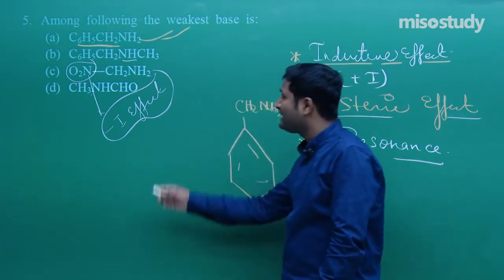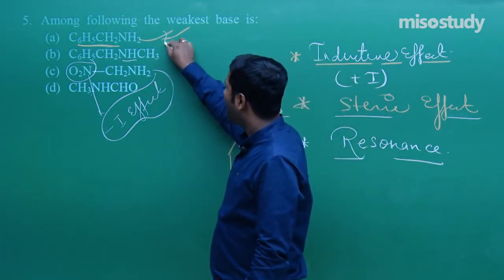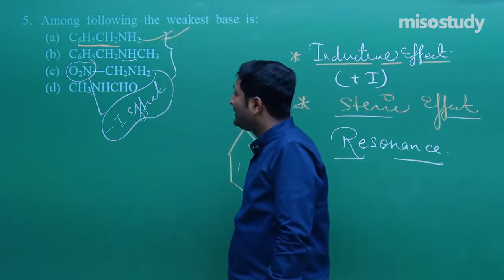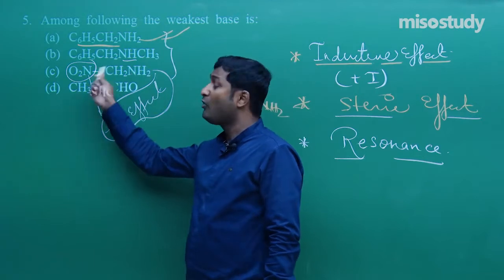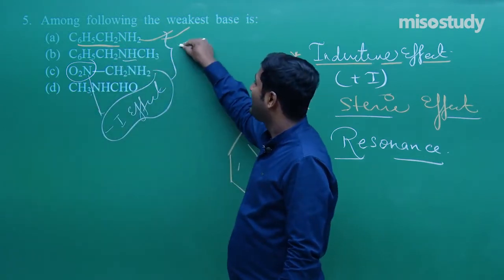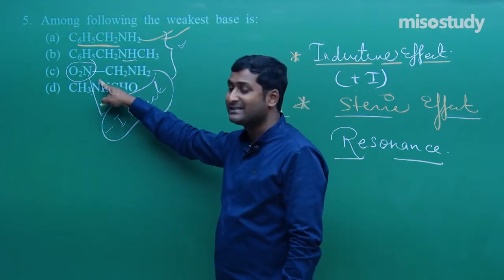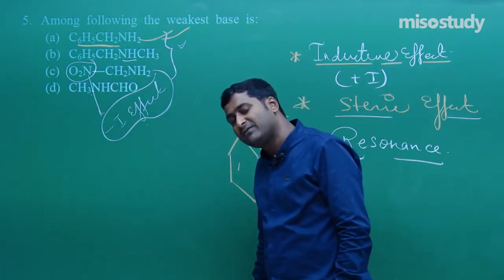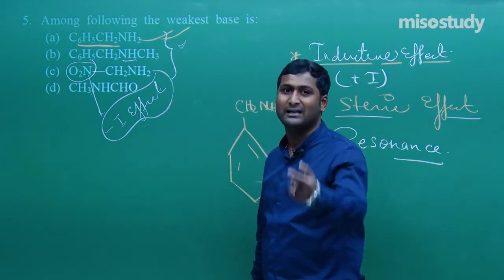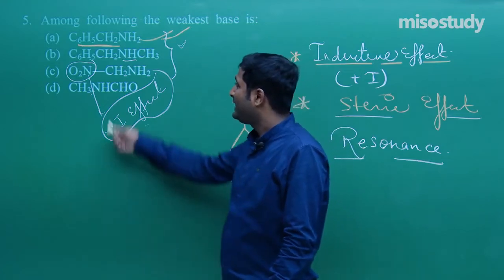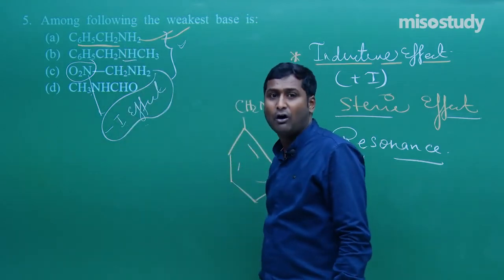So in all the other cases, they are all electron donating groups, and the donation is more powerful. Here it is slight, but in this case there is the dominant minus I effect. So if there is a dominant minus I effect, then definitely it will have less basic character in comparison to all the others.